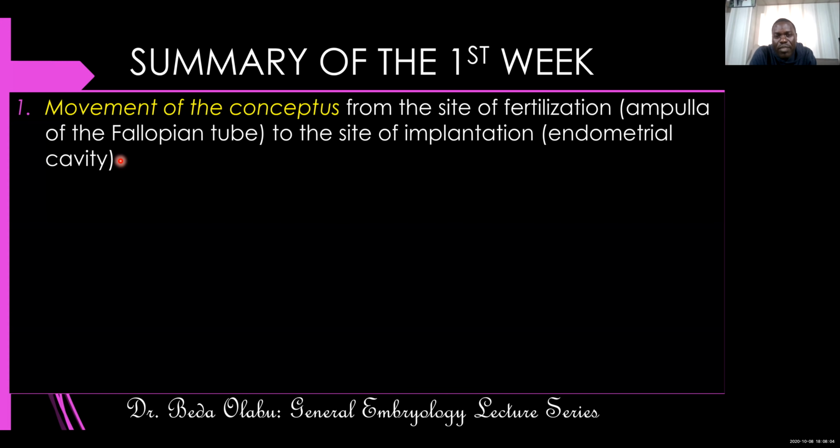The main mechanism that facilitates this movement is the ciliary activity of the fallopian tube. This is also assisted by the contractions of the fallopian tube, especially for it to pass through the isthmic portion of the fallopian tube.